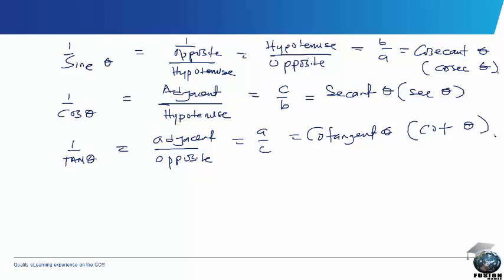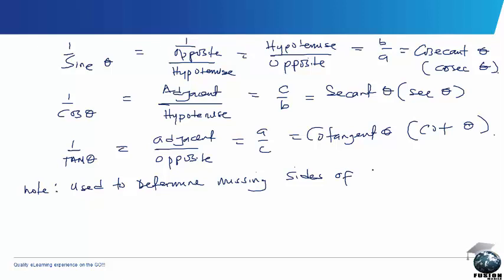But you should note that trigonometric ratios can be used to determine either the missing sides of a triangle, or the missing angles.